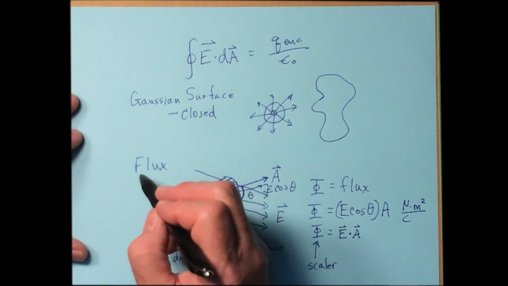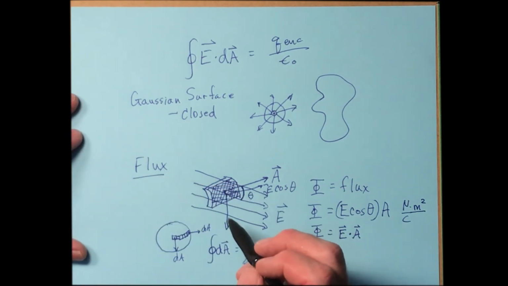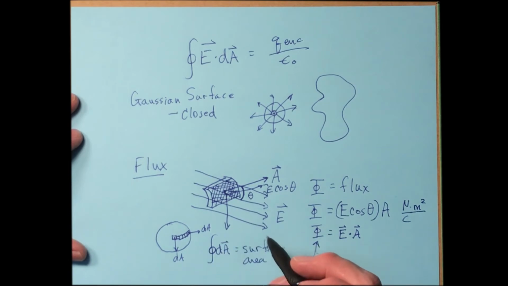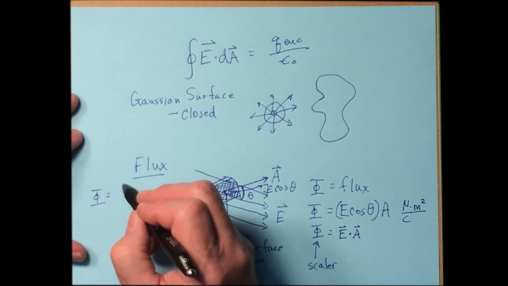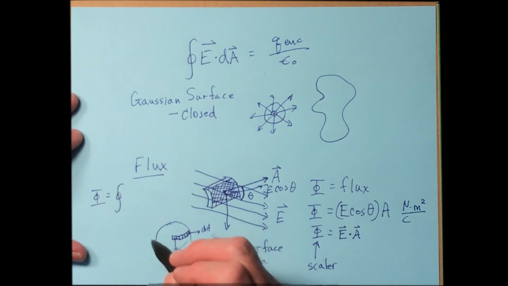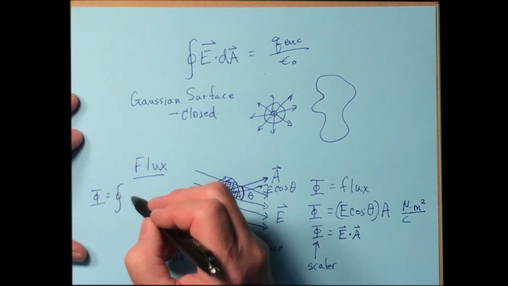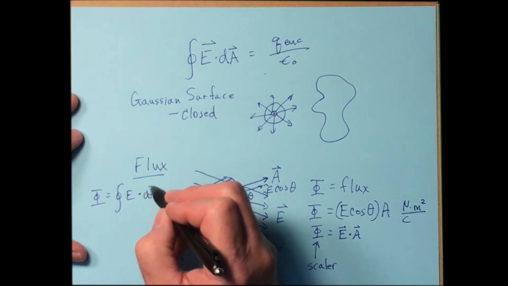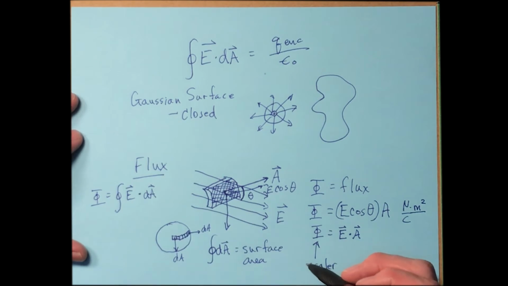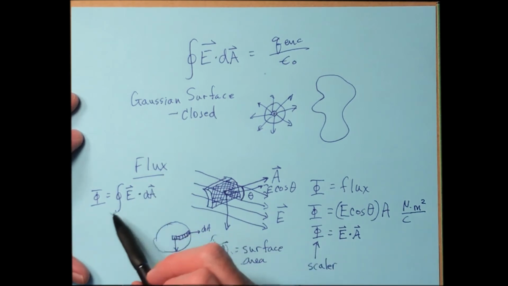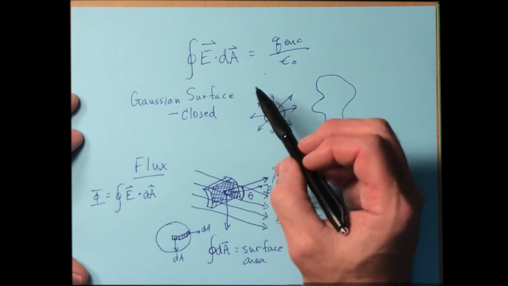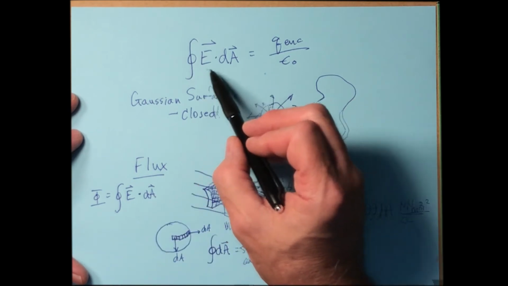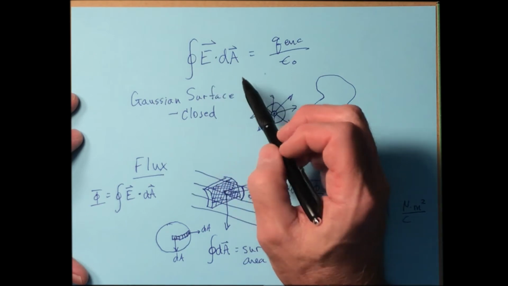So if you want to know what the flux is through a closed surface, it's going to look like this. Flux equals the integral over the closed surface of E dot dA. Okay, so there is the flux equation. Now, if you'll look back up here at Gauss's law, you can see that that's the left-hand portion of Gauss's law.